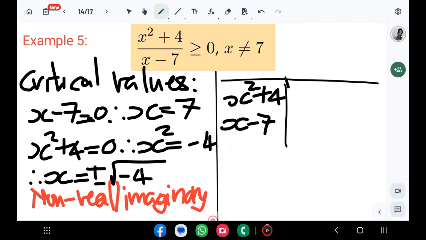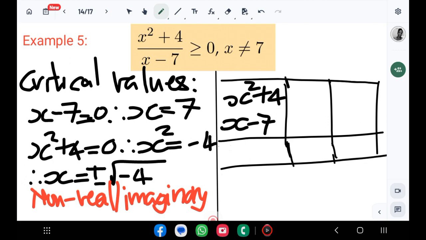You will see exactly how. That is the only critical value we have that is real. And then we've got f of x. Remember, f of x is x squared plus 4 over x minus 7. Keep that in mind.